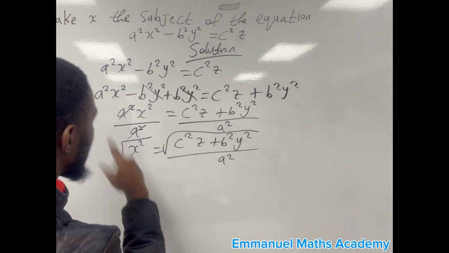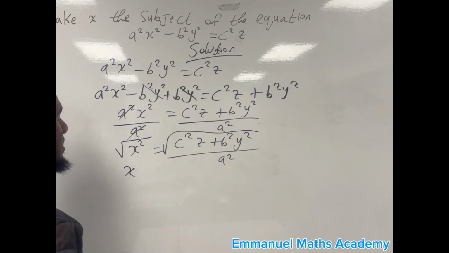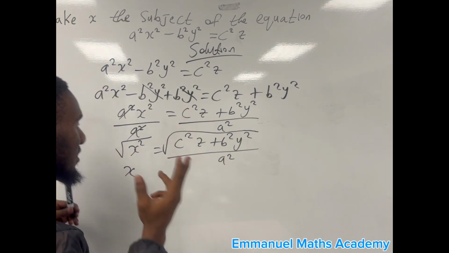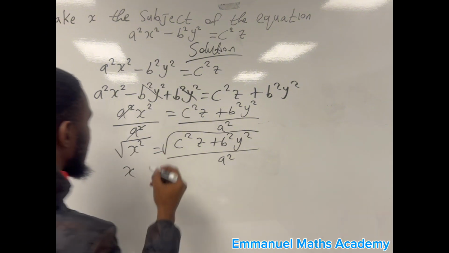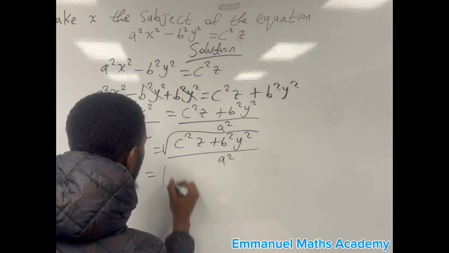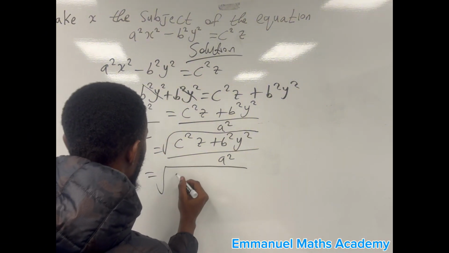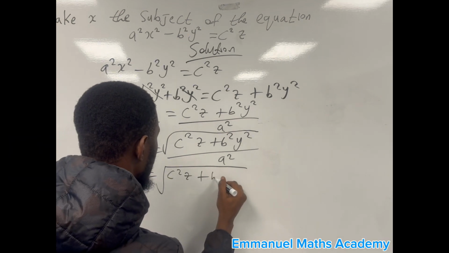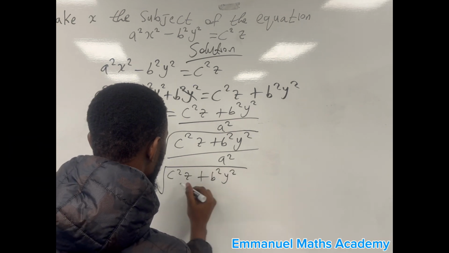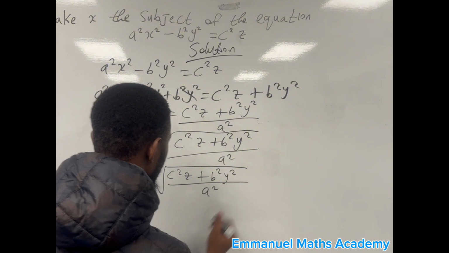So square root of x squared is x. This is now equal to the square root of c squared z plus b squared y squared over a squared.